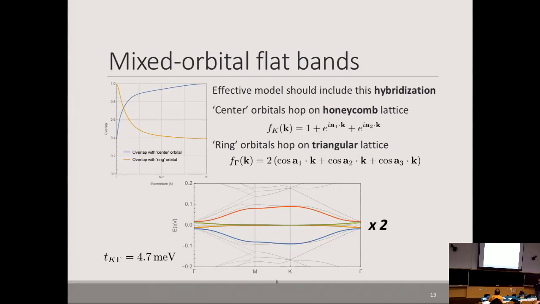The blue one, if you just look on the hole doped side, is mostly ring-like in real space here, but then when you go here, there's this hybridization and the repulsion between the two. So here they switch. Here it's the yellow or orange band that becomes more ring-like. And the energy of the hybridization we found just in the fitting is 4.5 MeV.